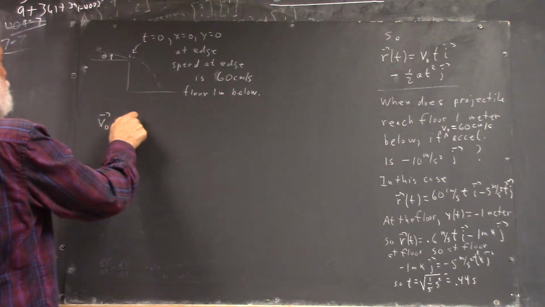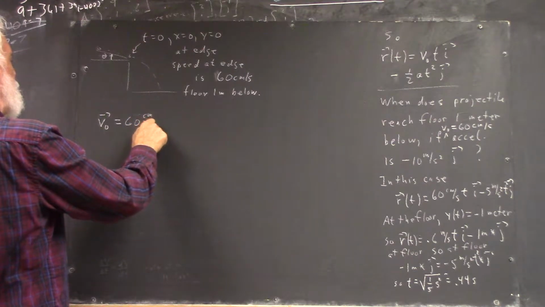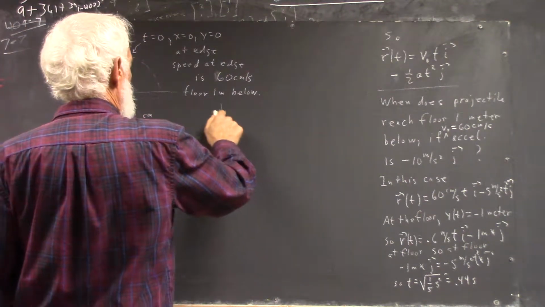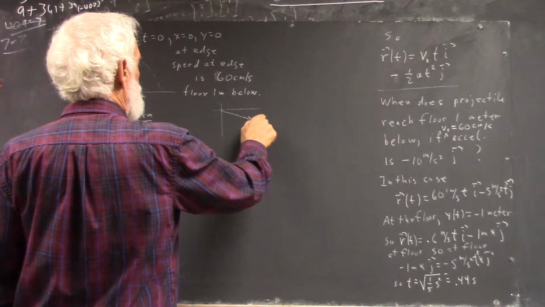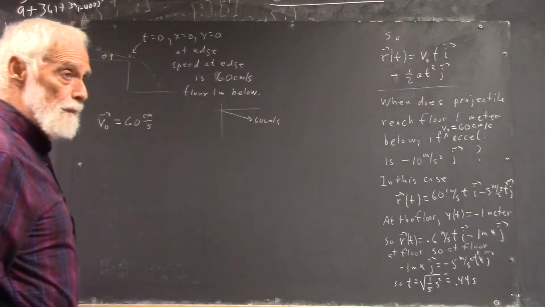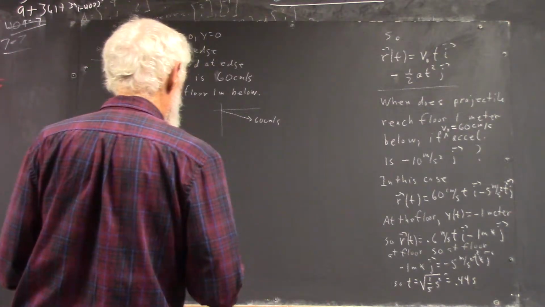Well, it's 60 centimeters per second. Let's just draw a little vector diagram. Here we've got a vector of magnitude 60 centimeters per second. That vector has an x component and a y component.